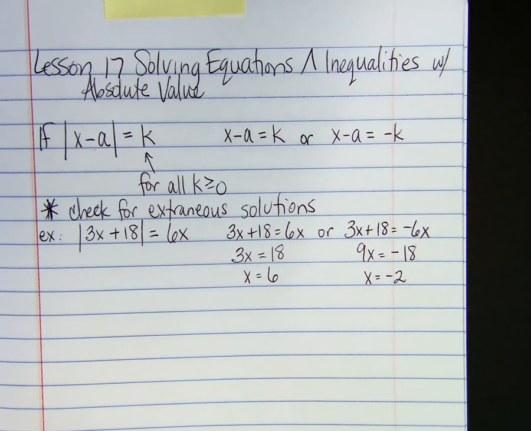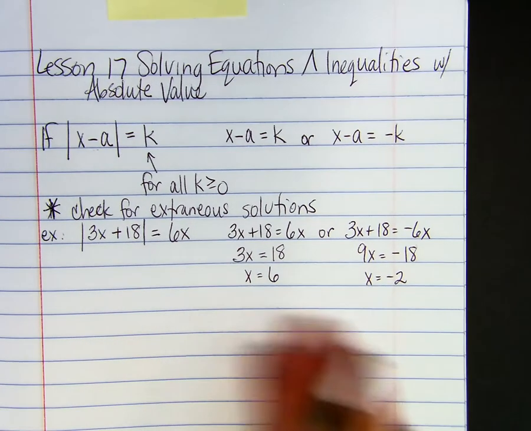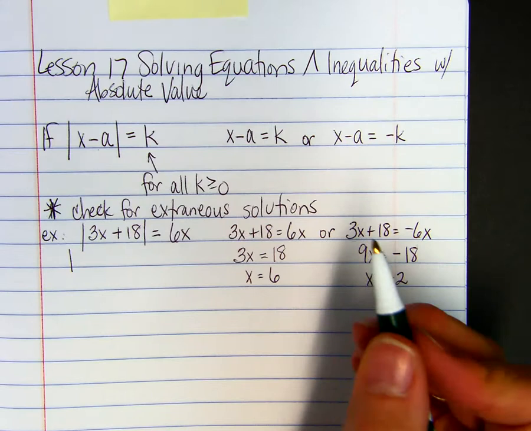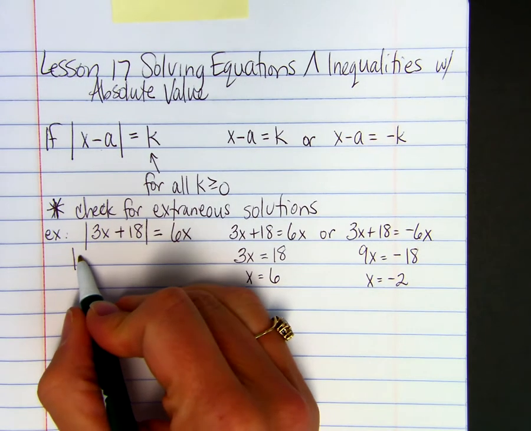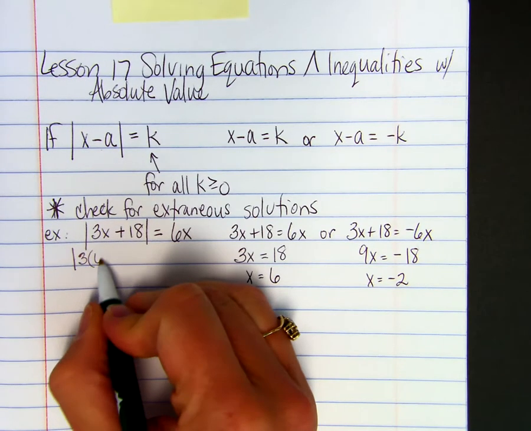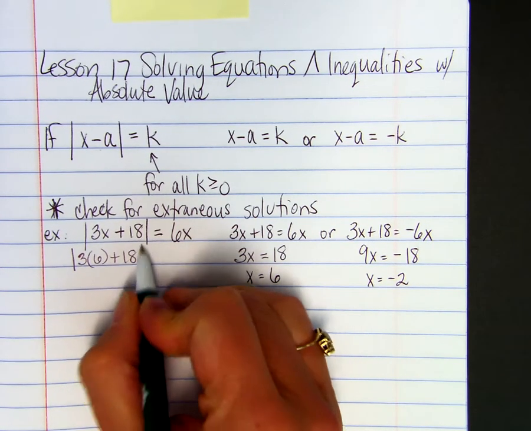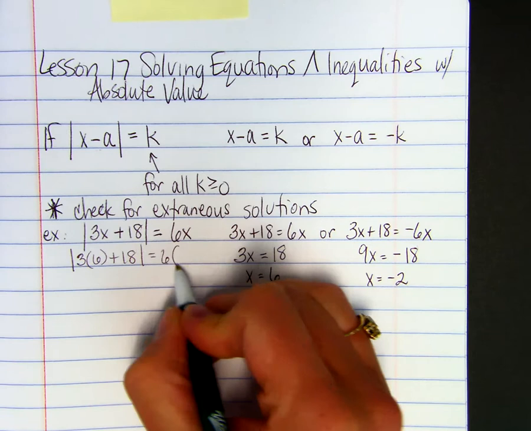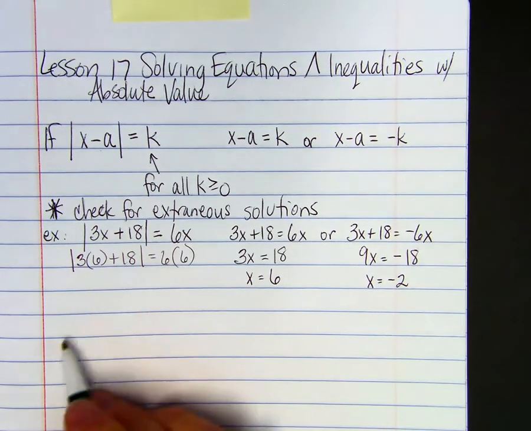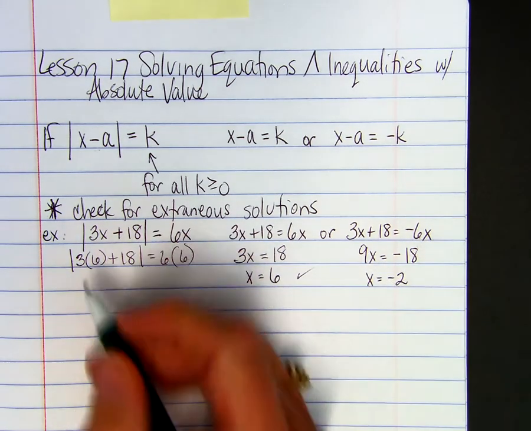And then we're going to check both of our answers to see if they work. The absolute value of 3 times 6 plus 18, does that equal 6 times 6? Yes, because 18 plus 18 is 36. So that works.